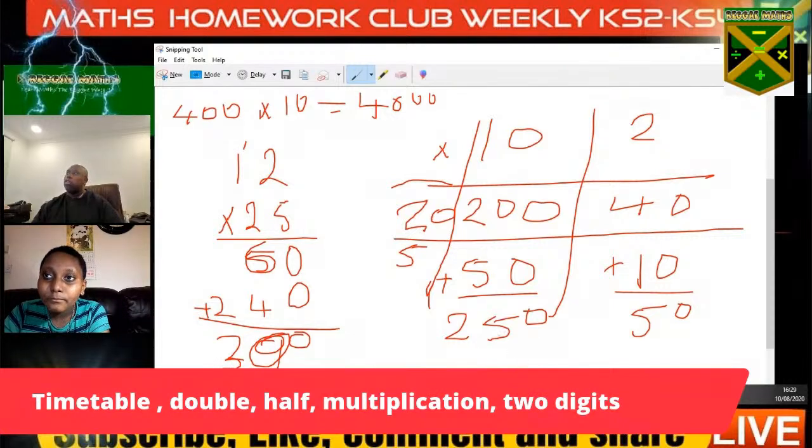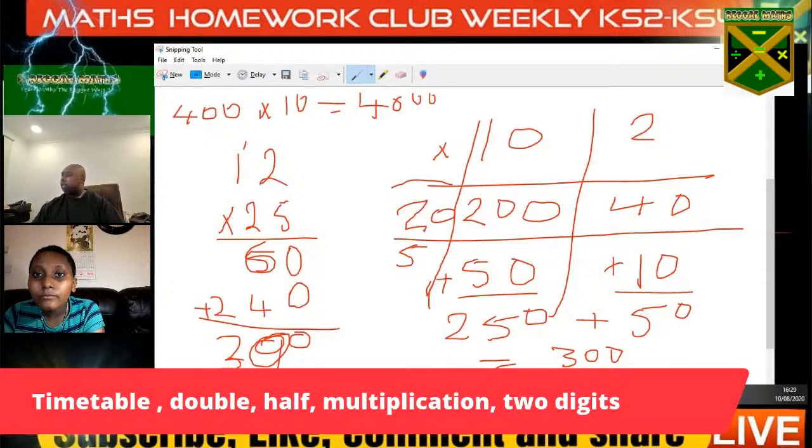And you can see here, look, Danzel, 250 plus 50 equals 300. I'm going to show you this in a minute. But by doing this, you can see we actually pick up the mistake here because 5 times 12 is 60. We did not use the 1.